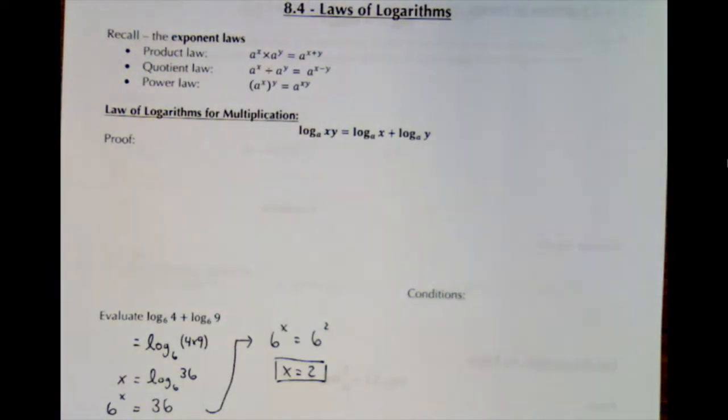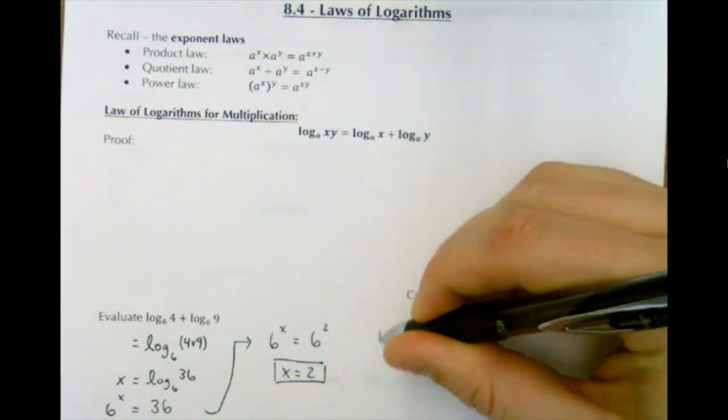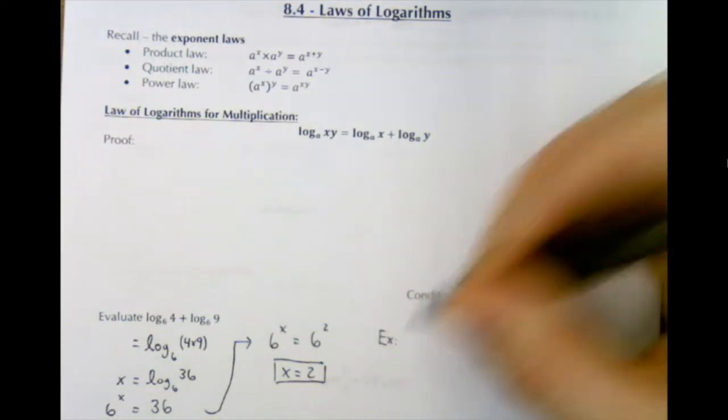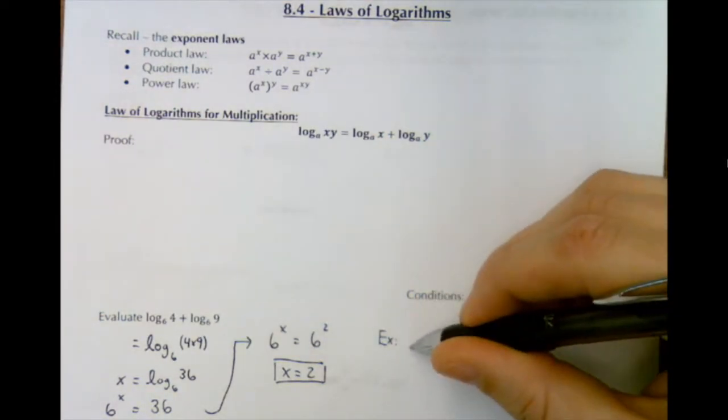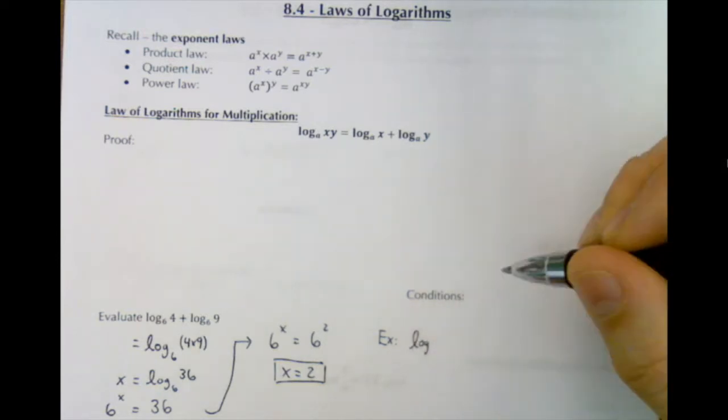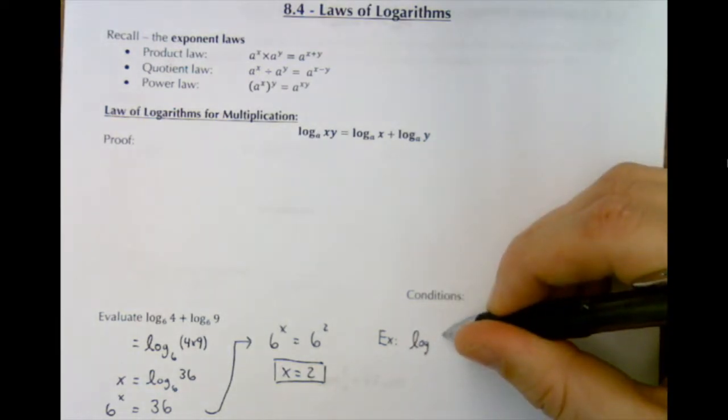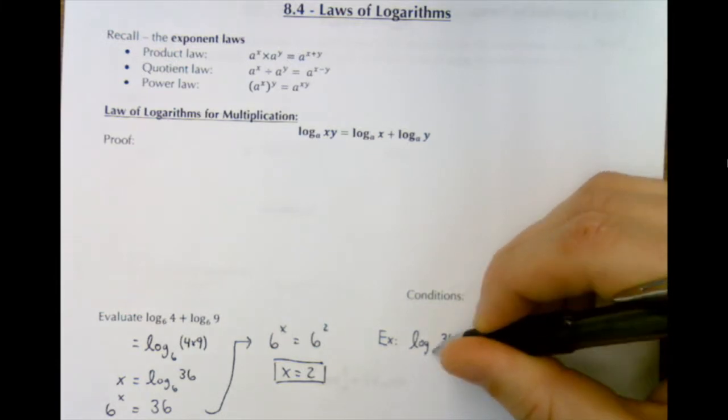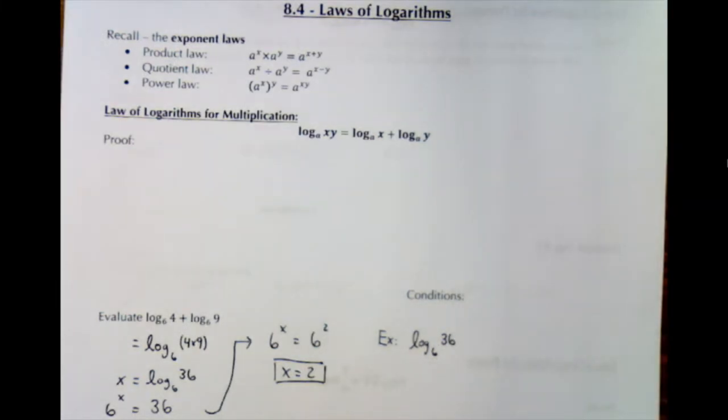The other option is, we'll call this an example, if you have a single logarithm, let's just use the opposite example, log of 36 base 6, and you could split that into 2 logs.